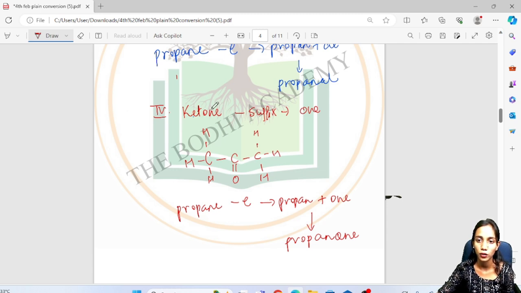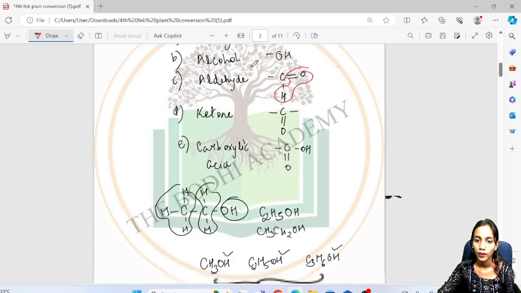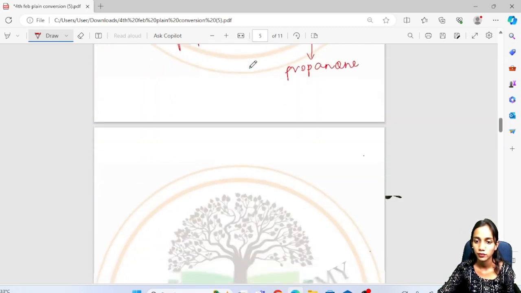So for the addition of a ketone, you have to see that the carbon is in the middle and the suffix is ONE, propanone. Okay, now the last functional group is carboxylic acid.